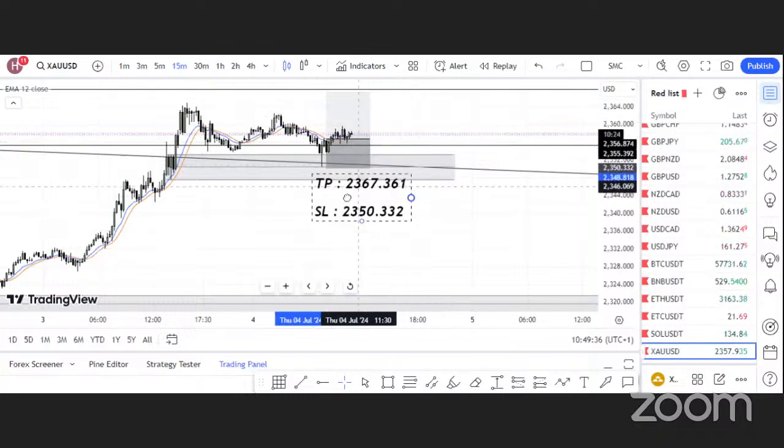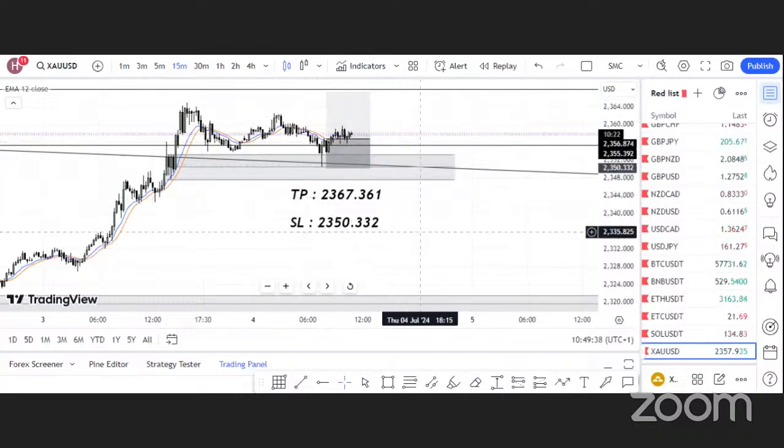So we have the take profit and the stop loss for our trade.